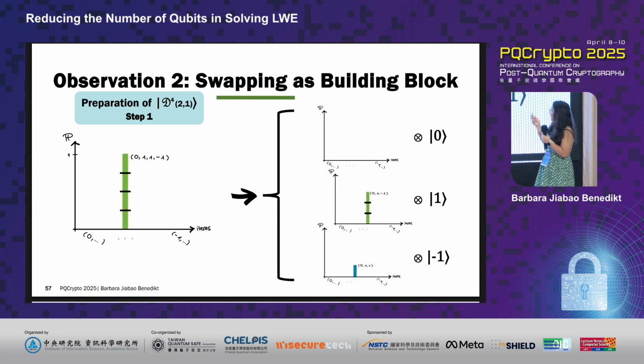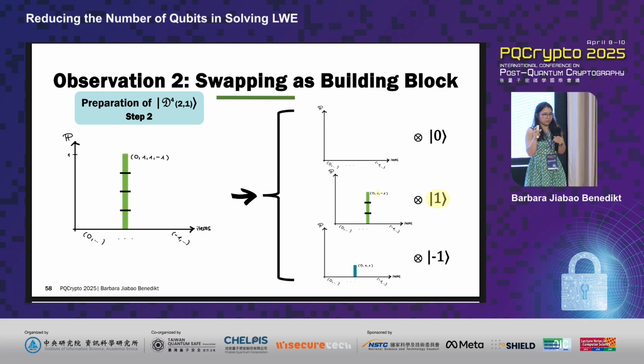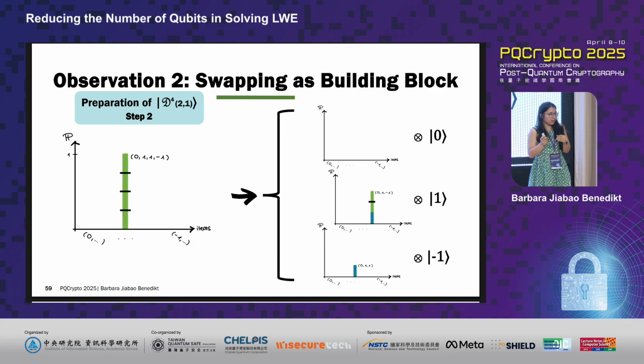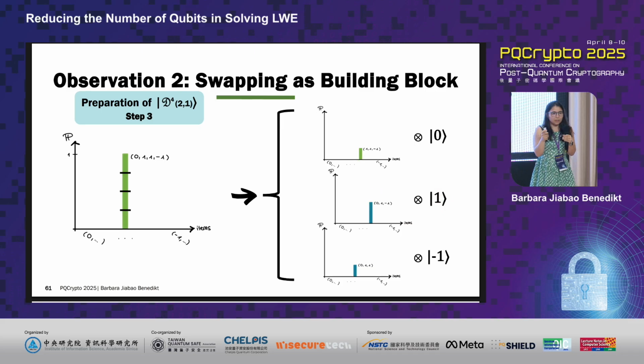The second step is again to swap entries of the vectors, now the second and the fourth. And we do this for 2 of the 3 green parts. In that case, the second and the third entry have the same number, so swapping doesn't really change anything. It just changes the color of one part. And the last step is again taking one part of the 2 green parts and swapping, which changes the picture to this.